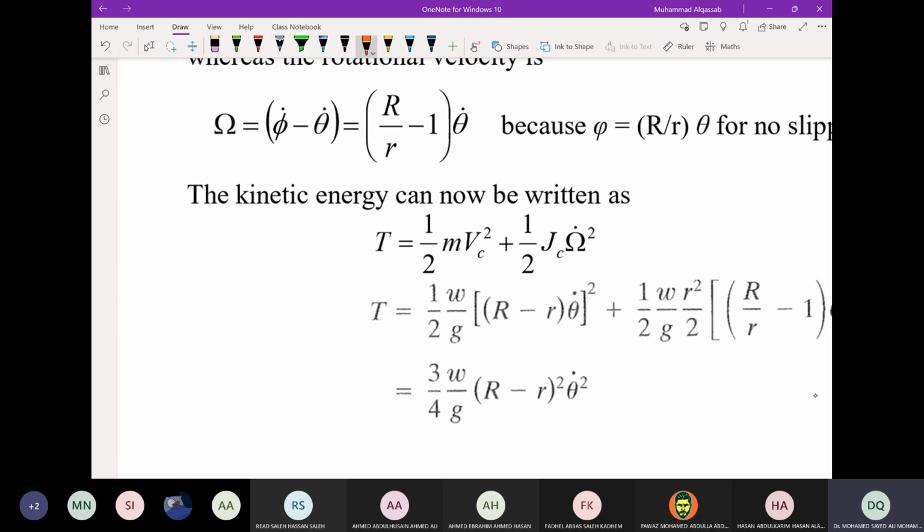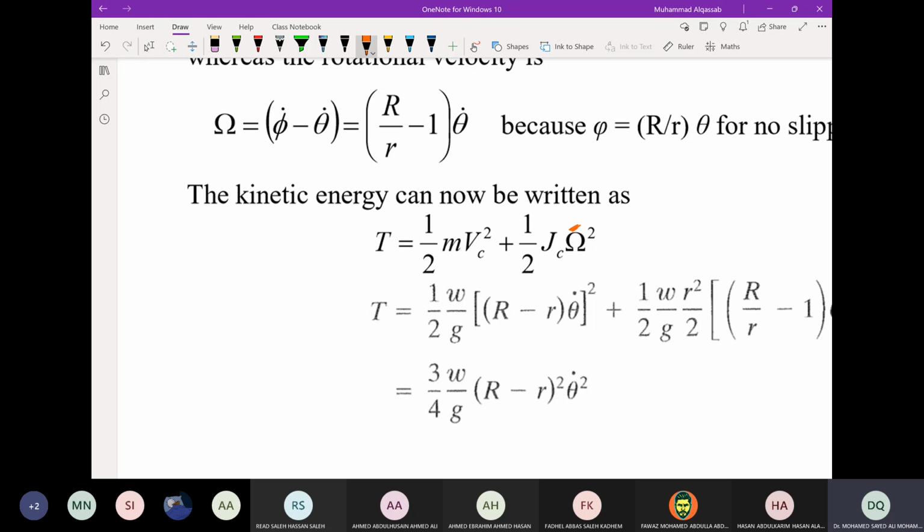It has two parts, translation and rotation. The first term, T equal to 1 over 2 m VC squared, is due to translation, plus 1 over 2 JC omega squared. There is no omega dot here, just omega squared, where omega is the angular velocity.